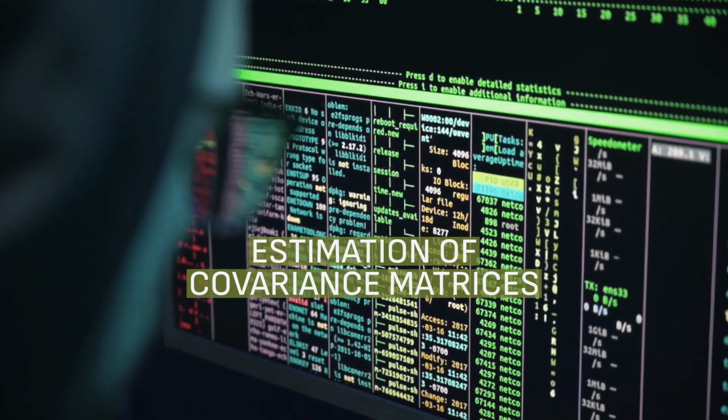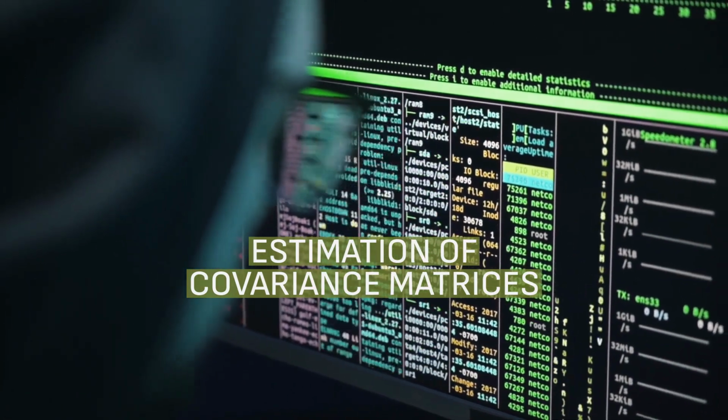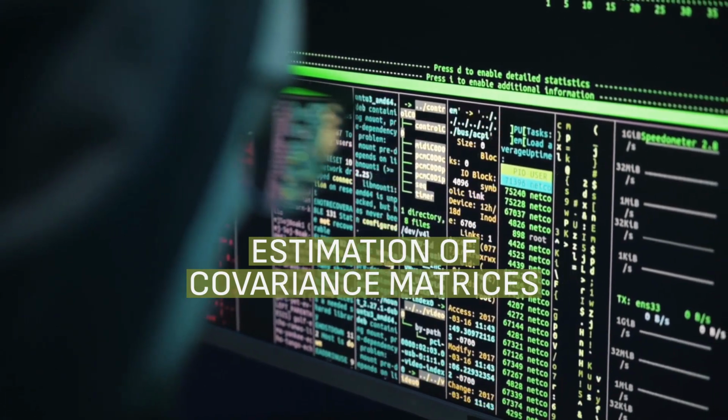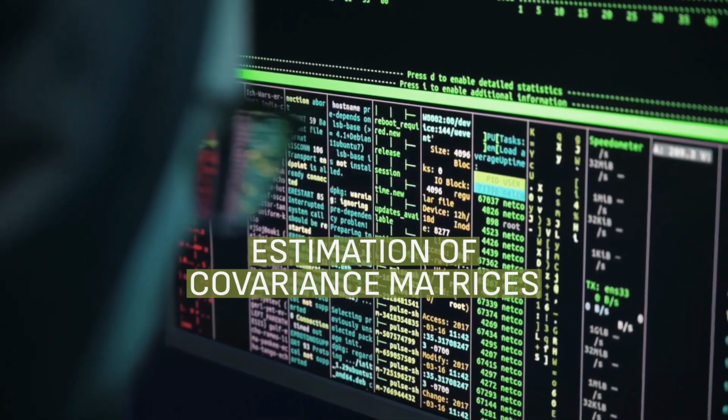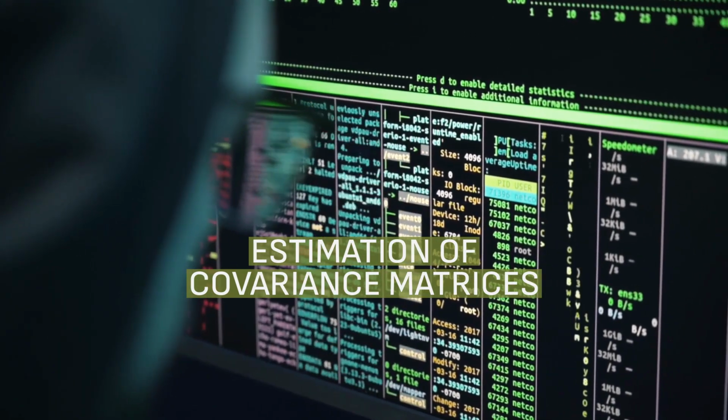Thus, the estimation of covariance matrices directly from observational data plays two roles: to provide initial estimates that can be used to study the interrelationships, and to provide sample estimates that can be used for model checking.